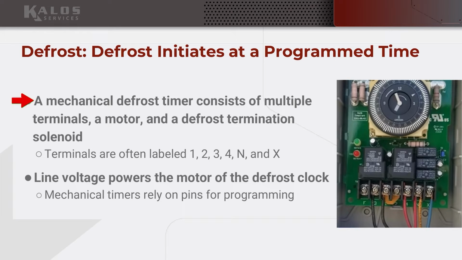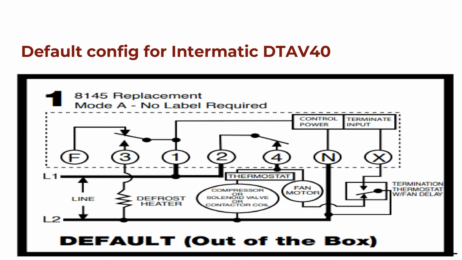So the mechanical defrost timer consists of multiple terminals. There are terminals for the compressor, for the evap fans, and the defrost heaters as well. So if we go back to this diagram, we can see that we have terminal F, which isn't being used in this diagram, but this could be used for your evap fan.